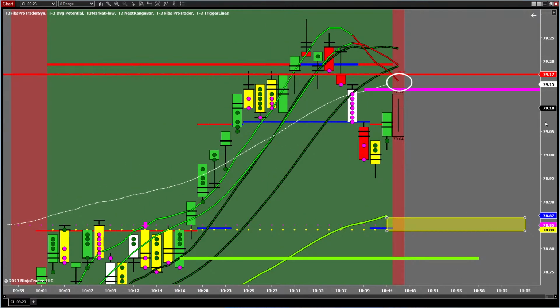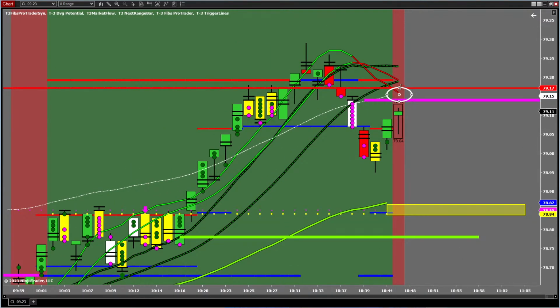So a lot of times you'll get an initial pullback into a high volume area at a fib, and you'll get that first short, but it's not high probability. Does that make sense?